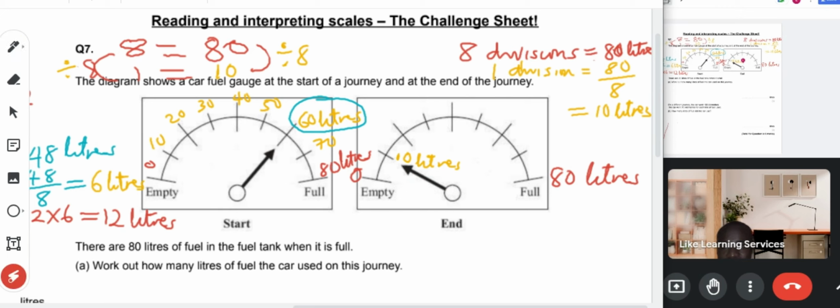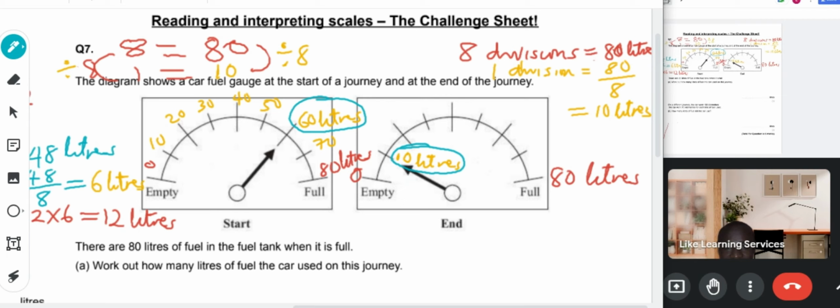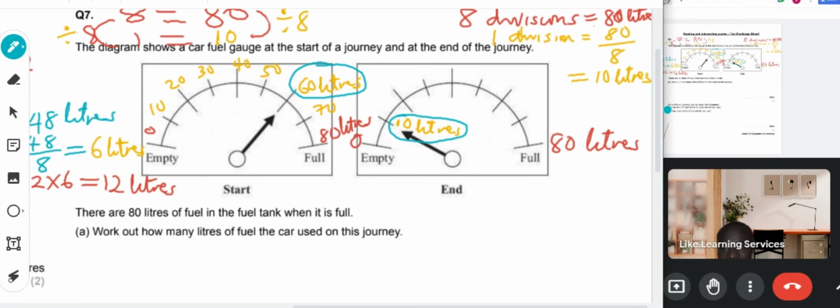How much was used? It says work out how many liters of the fuel the car used. It was 60 when it started, it became 10 later. So 60 minus 10 will give us 50 liters.